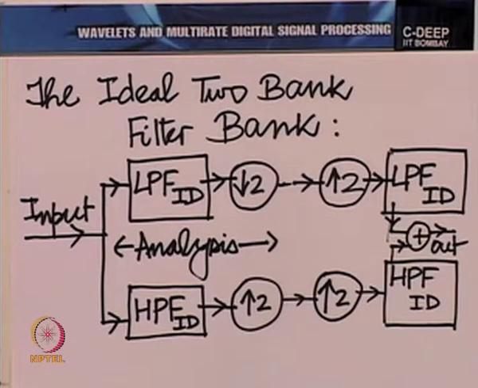Notice in the ideal 2 band filter bank, the analysis filters and synthesis filters are identical. There is no difference. In fact, on one of the branches, both of them are ideal low pass filters with a cutoff of pi by 2. On the second branch, both of them are ideal high pass filters, discrete time filters with a cutoff pi by 2 once again.